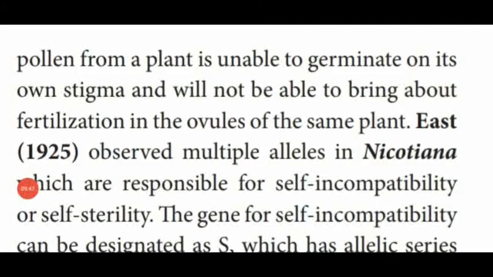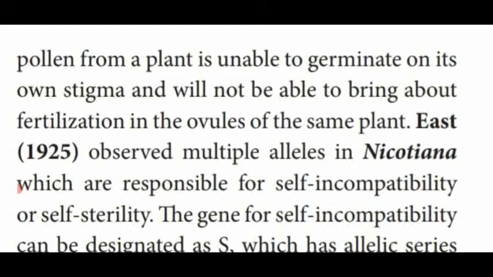What is self-sterility or self-incompatibility? You already studied this in the first lesson. The pollen which is unable to germinate on its own stigma is known as self-sterility or self-incompatibility. So those pollen grains will not be able to take part in the fertilization process in the ovules of the same plant.